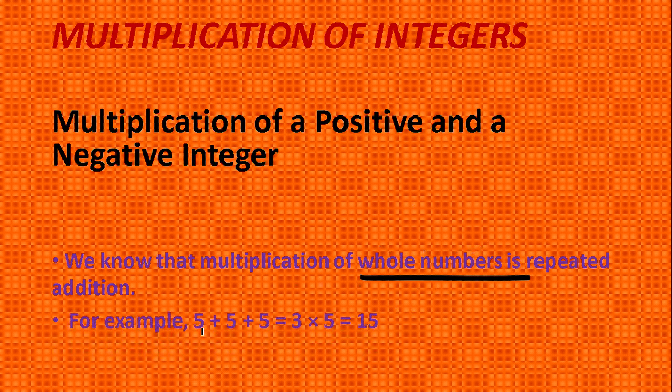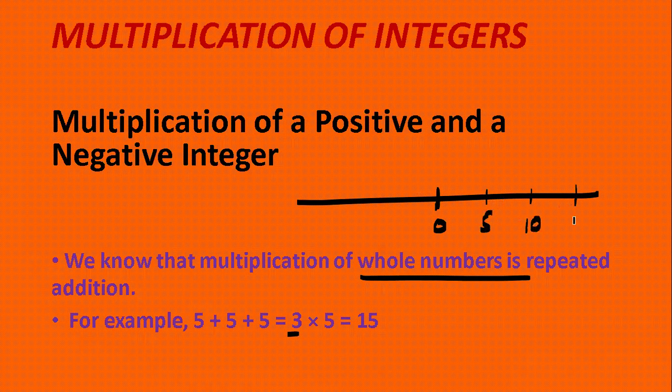Example, 5 plus 5 plus 5. Here 5 appears 3 times. Therefore, 3 into 5 is equal to 15. We know that this is a number line: 0, 5, 10, 15.